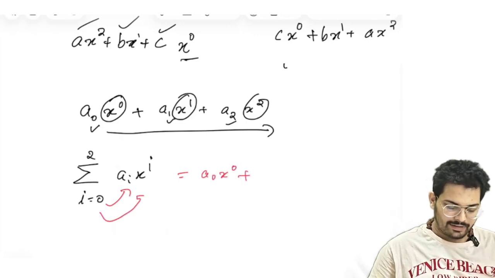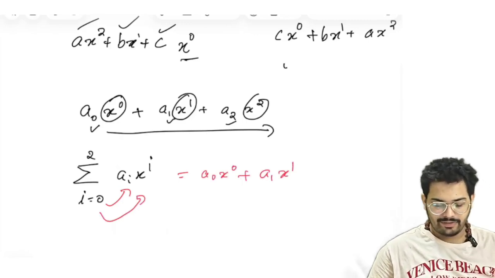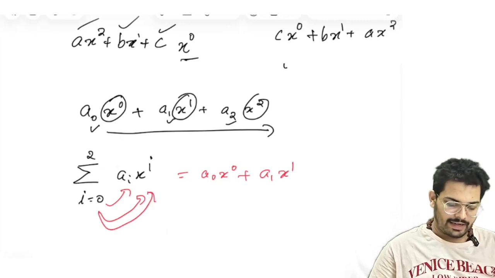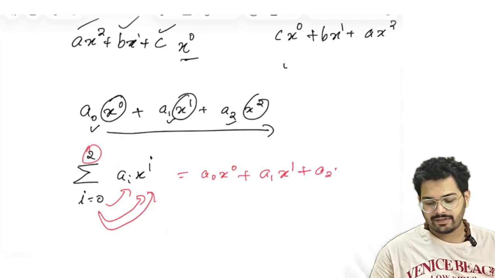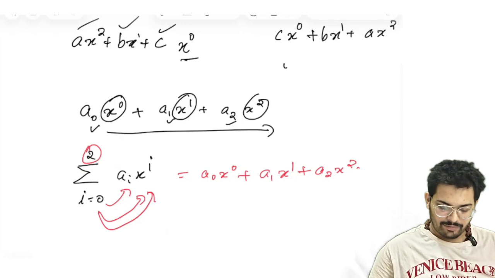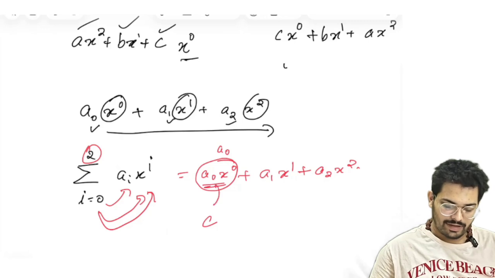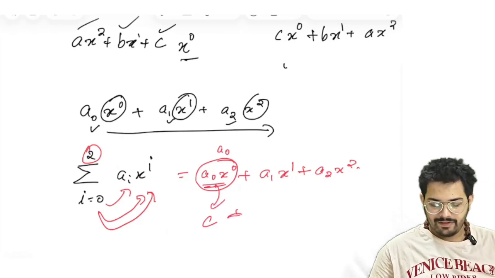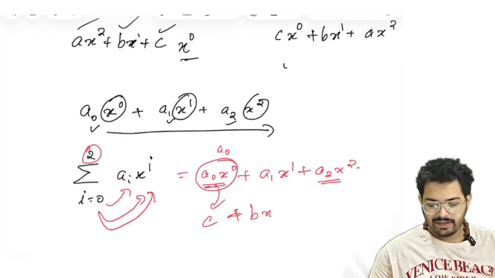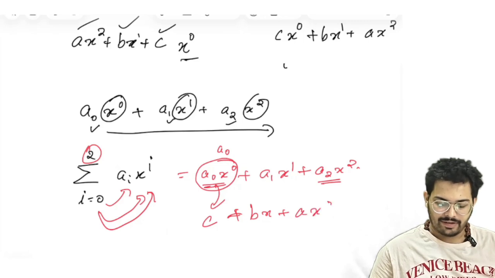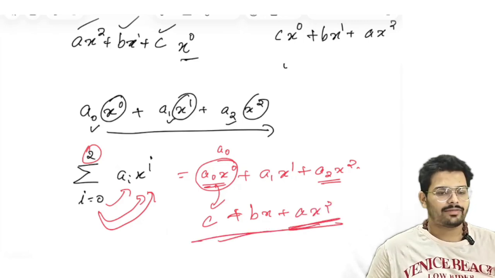Now, when the i value increases to 1, then it will be a1, x raised to 1. Then i is again increased to 2, that is a2, x square. Now, it is a quadratic form: one constant term, that is c, x raised to 0 is 1, simply it is a0, which we used to call c, and here a1 is another constant, bx, and a2 is another constant a, with x square. So, it is of the form ax square plus bx plus c.